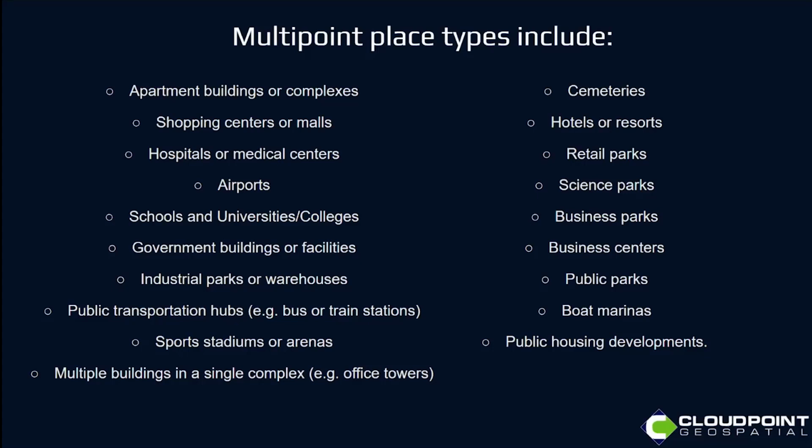University colleges in that same vein. We have a long list here. I won't read them all, but you can see how having accurate addressing data for these areas can help first responders respond efficiently and move with the knowledge and certainty that they are going to the right place.